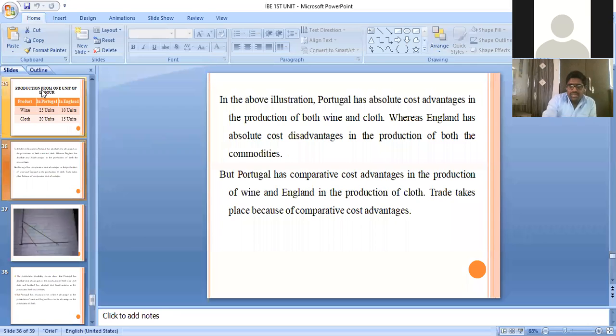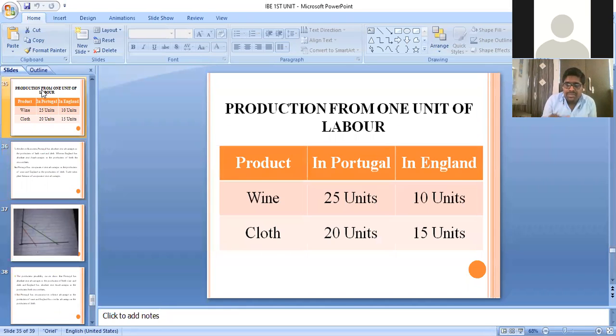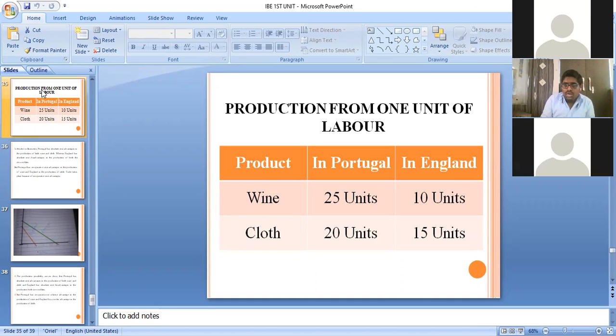See, this is the chart. In the illustration above, Portugal has an absolute cost advantage in the production of both wine and cloth, because one labor manufactures 25 units of wine and 20 units of cloth.